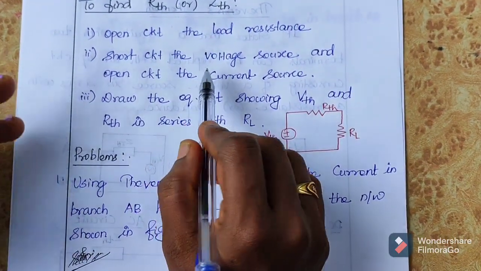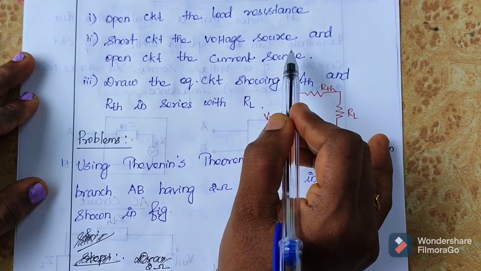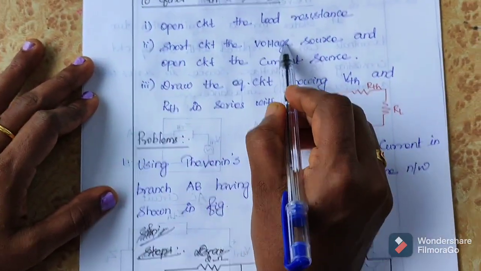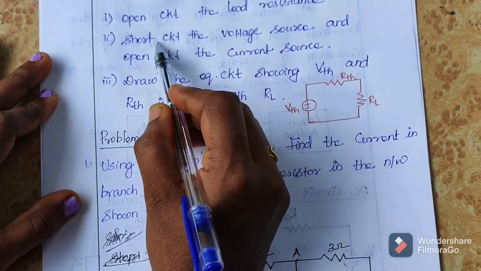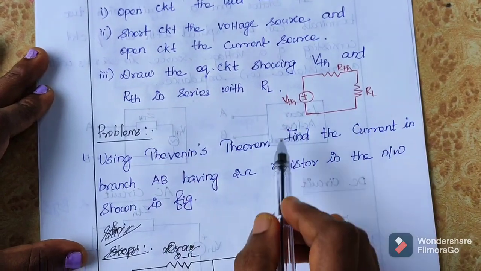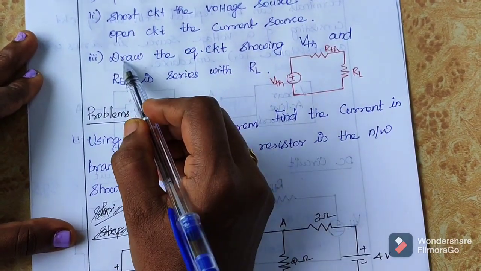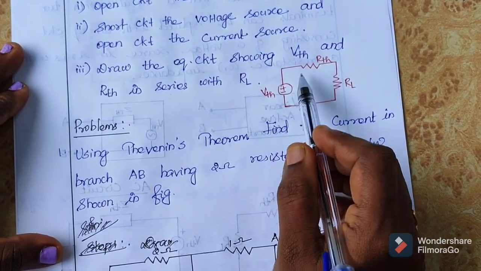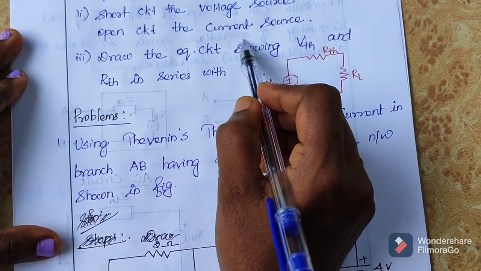Sometimes only a voltage source, sometimes a current source, sometimes both. If the circuit has a voltage source, short circuit it. If the circuit has a current source, open circuit it. Open circuit means disconnect. Then find the RTH value.